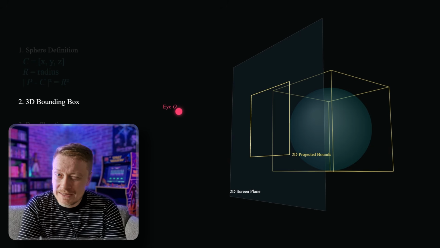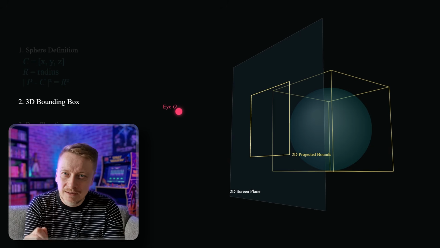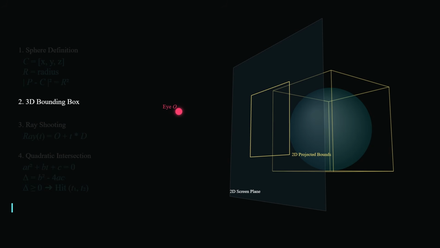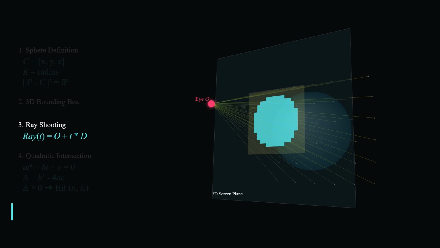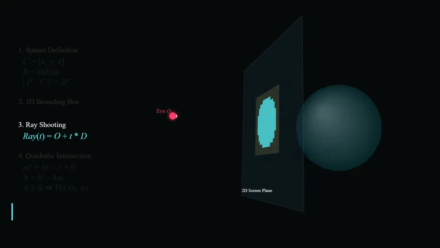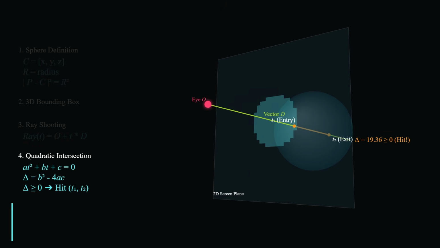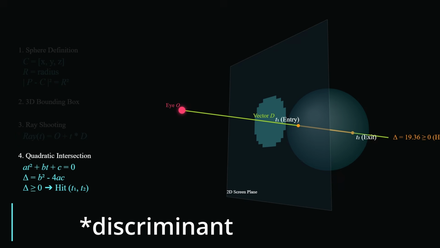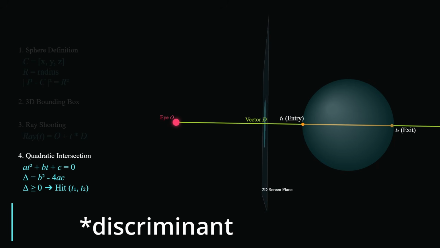This is a crucial optimization, so we are not crunching heavy math for empty black space, where we know there is nothing. Then, for each of those pixels, we shoot a ray forward from the camera into the z-axis. To find out if this ray hits our sphere, we use the analytic ray-sphere intersection formula. It boils down to a classic quadratic equation. If the determinant is greater than or equal to 0, our ray hit the sphere.